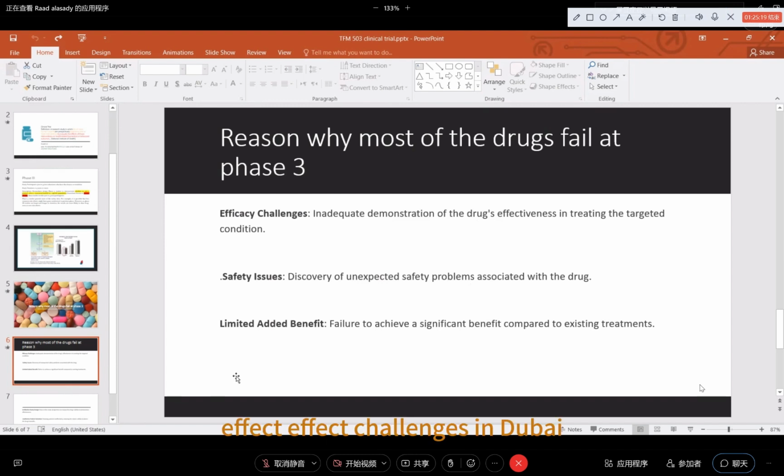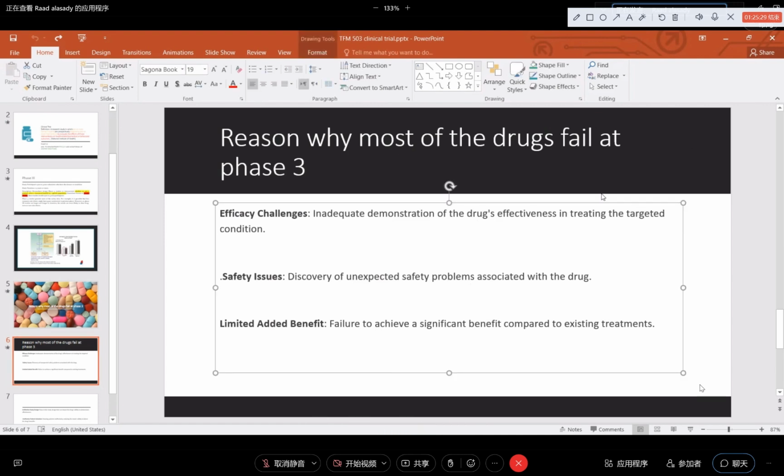Effect: challenges in the demonstration of the drug being effective. Safety: issues discovered, a safety problem associated with the drug, a limited preference, failure.